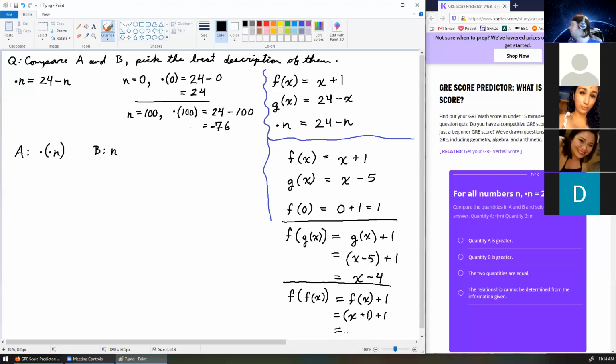I'm not sure I follow what you're saying. On the top, you have f of x equals x plus 1. And in your new equation, you have f of x. So wouldn't it be f of x plus x plus 1, because f of x equals x plus 1? We're substituting f of x for x.